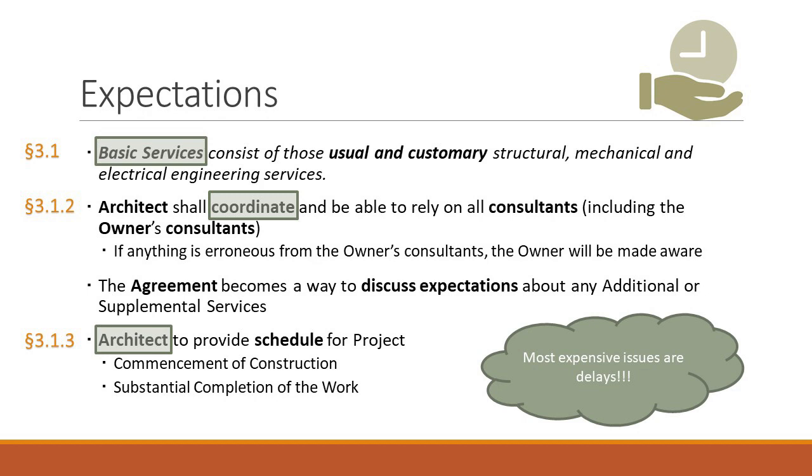If there are extraordinary or different elements that come up during the course of the conversation, because we know that usual and customary structural, mechanical, electrical are identified in the basic services, it gives you the ability to say to the owner, okay, if you want specialty lighting, I'm going to have to hire a specialty low voltage lighting consultant. That's going to be a supplemental service or an additional service, depending on how it's identified.